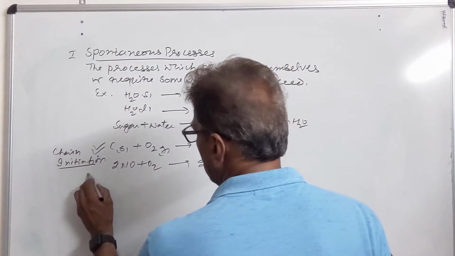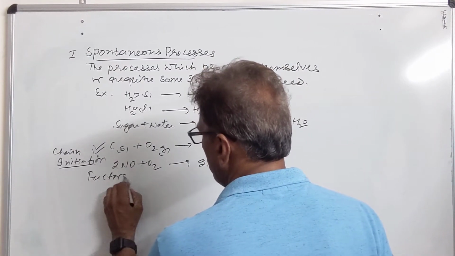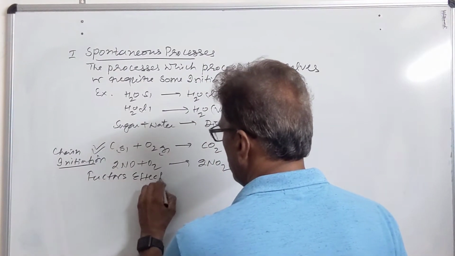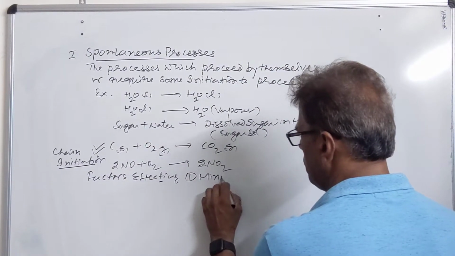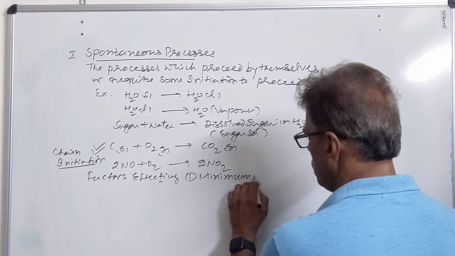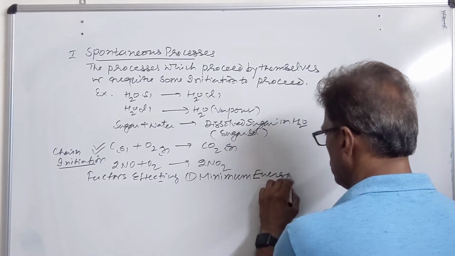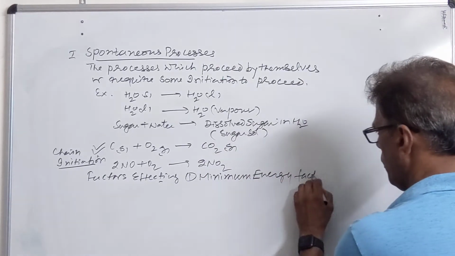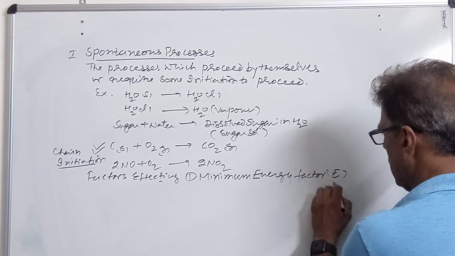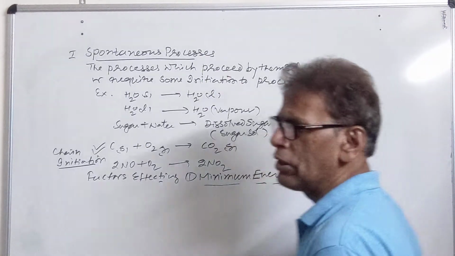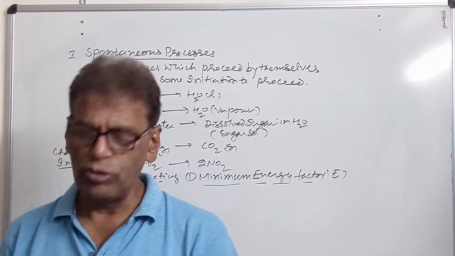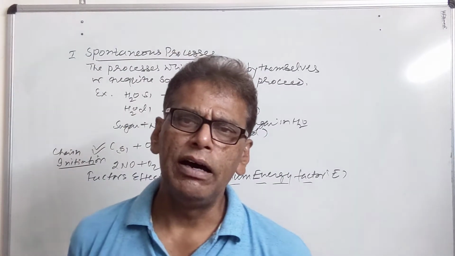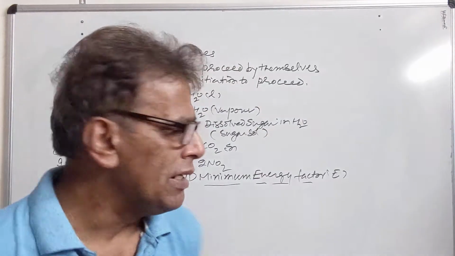Now what are the factors which affect spontaneity? First factor is the minimum energy factor. It is the natural tendency on the part of every system to acquire the state of minimum energy, and in order to achieve that, the reaction becomes spontaneous in nature.